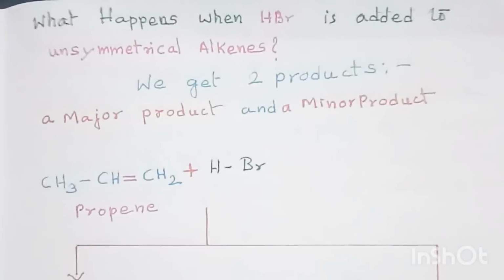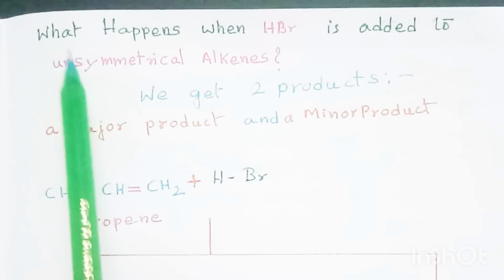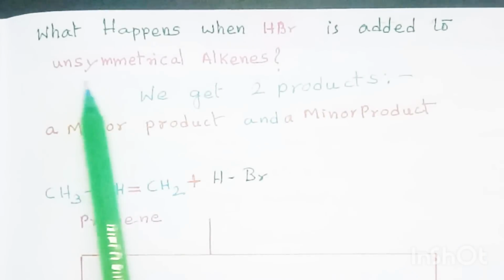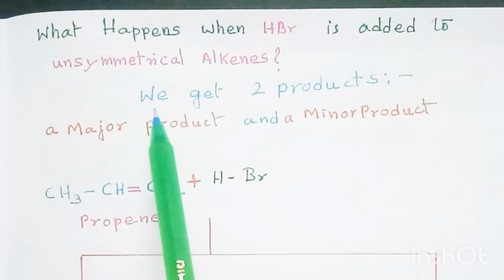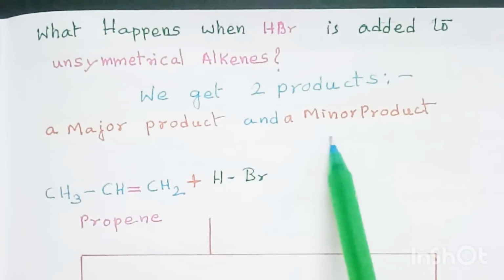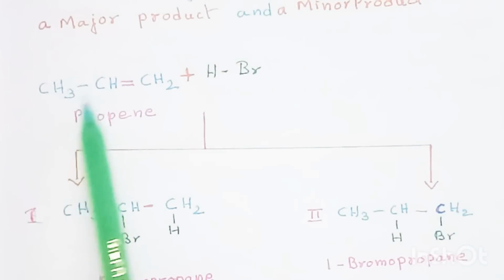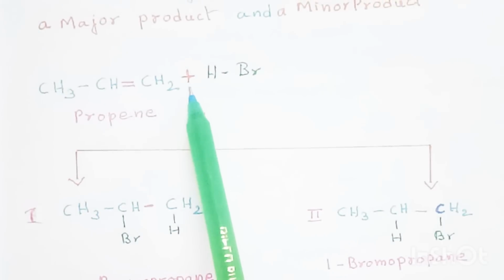But this is not the case with unsymmetrical alkenes. Let's see what happens when HBr is added to unsymmetrical alkenes. We get two products, a major product and a minor product. Let's see. CH3CH double bond CH2 reacts with HBr.